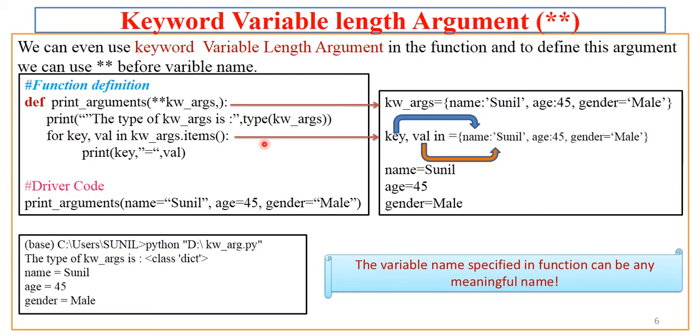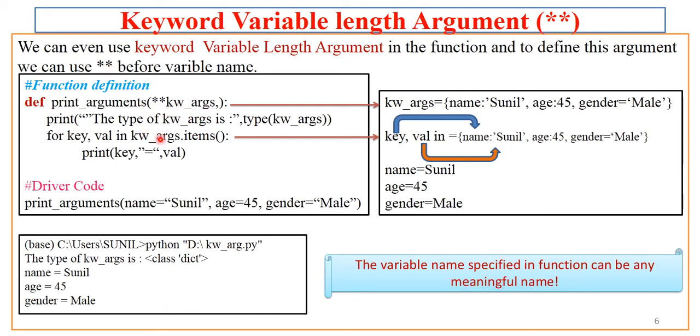But here the interpretation is very different. We are now trying to say something about the keyword variable length argument, which is specified at the time of function definition with a double asterisk symbol, double star symbol. Two times star you have to precede the variable name.